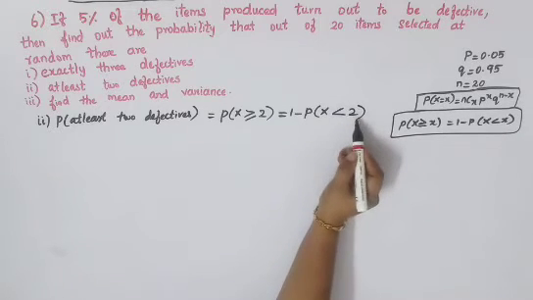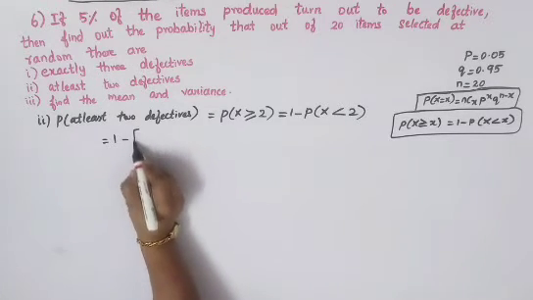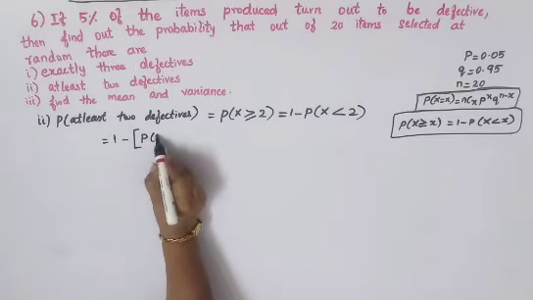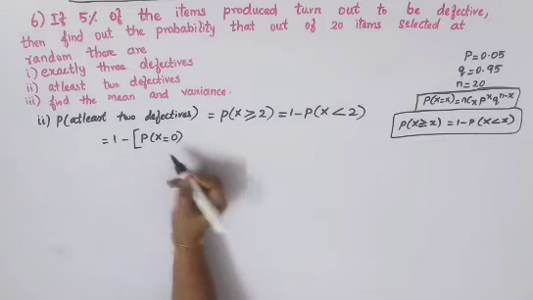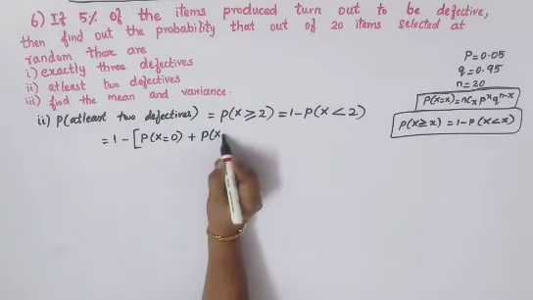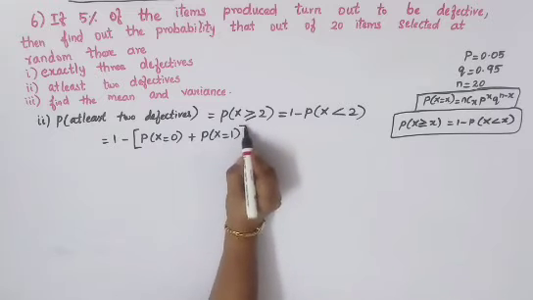Now up to 2 only you have to find it, which is 1 minus, starting with P of x equal to 0, that is 0 defective, plus P of x equal to 1. Since it is less than 2, we can stop with this itself.